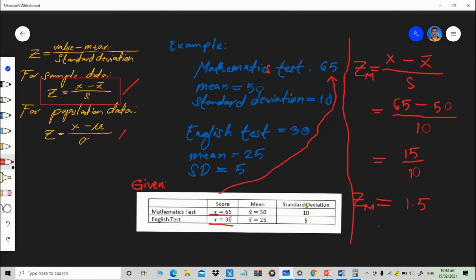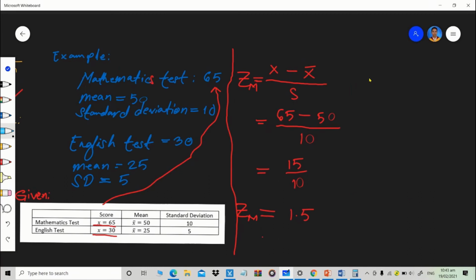Okay? How about sa English test? Okay, para sa English test, z sub e, so that is z-score for English test. Equal lang ngayon sa, ano ba yung score niya sa English test?